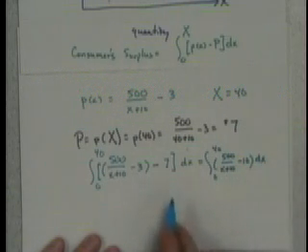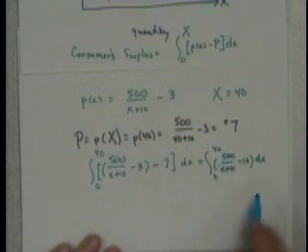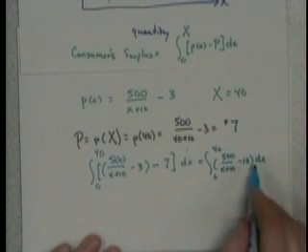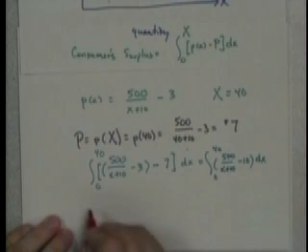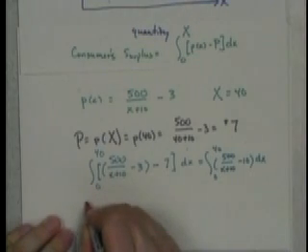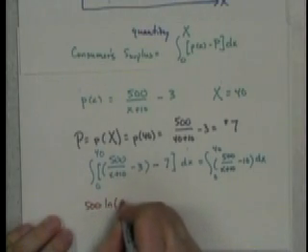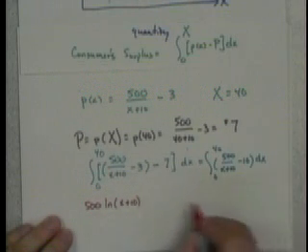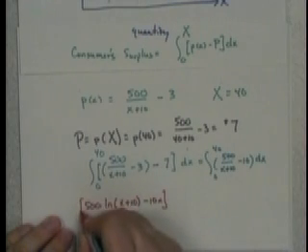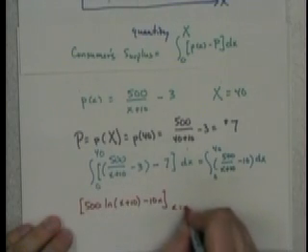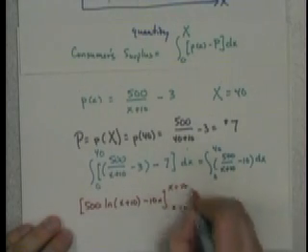And I can combine the negative 3 and negative 7 to get negative 10. So I have 500 over x plus 10 minus 10 dx. Which gives me 500 times the natural log of x plus 10 minus 10x, all evaluated from x equals 0 to x equals 40.